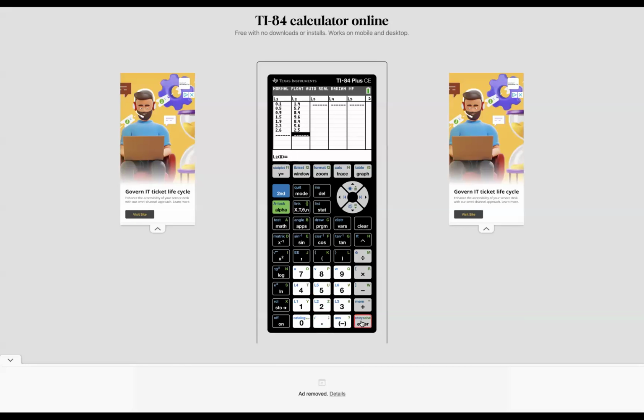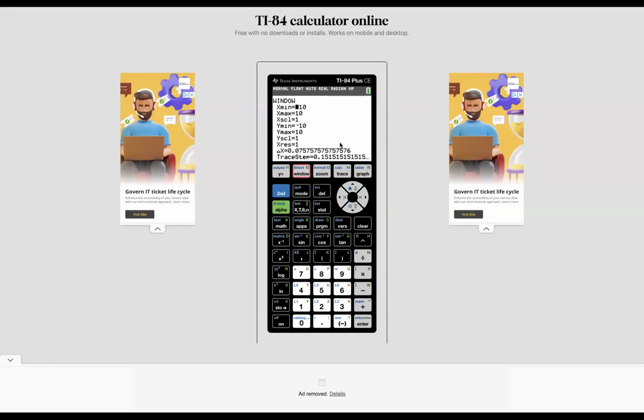Okay, now what did I want to do? You want to graph it, right? So what were the values? It ranged from 0.1 to 2.6, right?